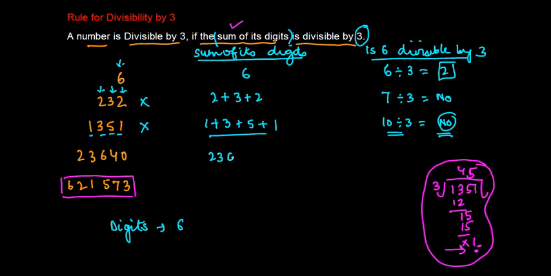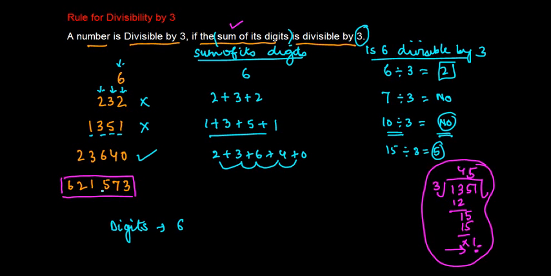The next one, 23640. 2 plus 3 plus 6 plus 4 plus 0. So 2 plus 3, 5, plus 6, 11, plus 4, 15, plus 0, 15. Is 15 divisible by 3? The answer is yes. It's equal to 5. Hence we say 23640 is divisible by 3.